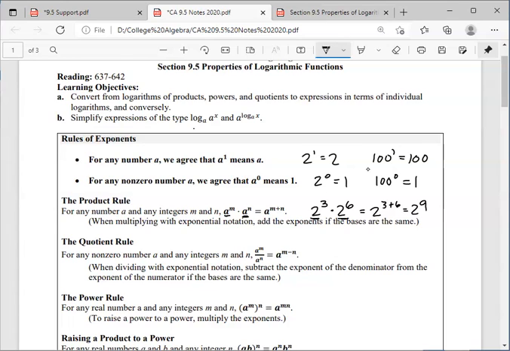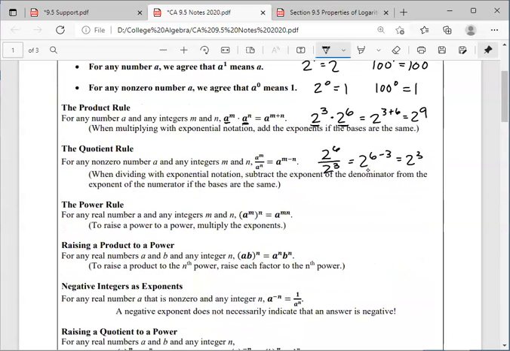That's all that's saying, which we just talked about during our support review. If we're dividing, we subtract. So if I have 2 to the 6th over 2 to the 3rd, then it would be 2 to the 6th minus 3, or 2 to the 3rd. If you're dividing and it's the same base, then you subtract.